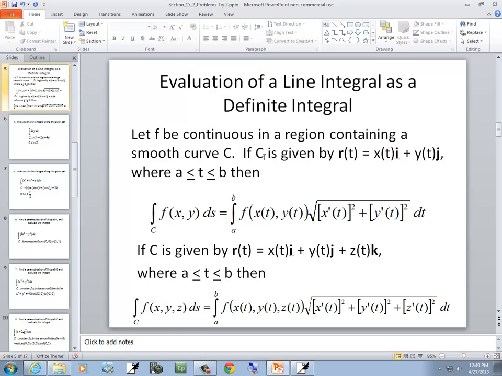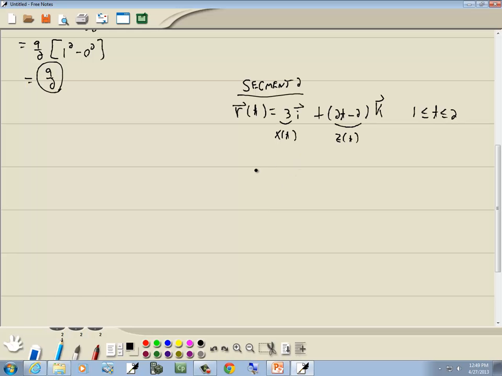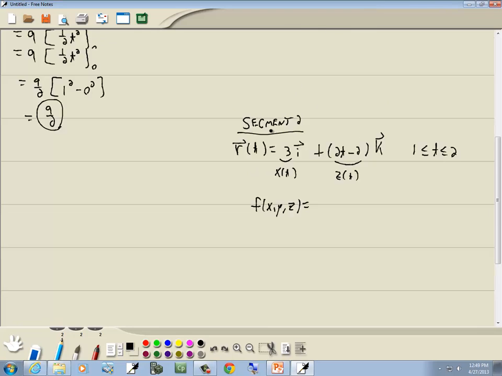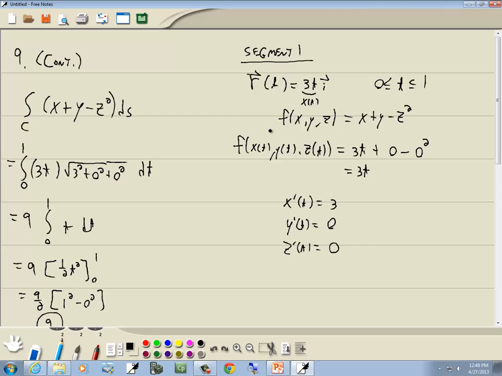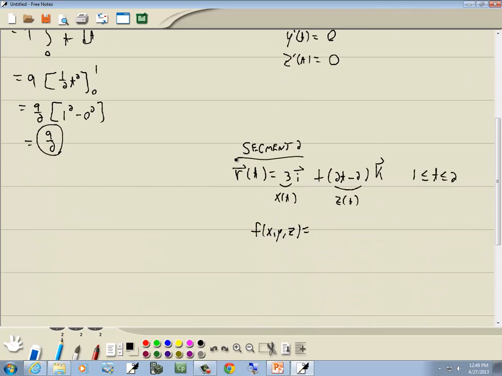So go back to our formula. We got a and b. Want to find our function. F of x, y, z is equal to x plus y minus z squared. So then we want to plug in f of x of t, y of t, z of t.